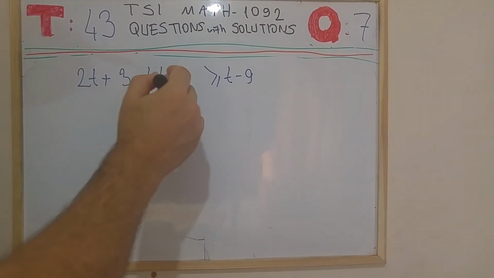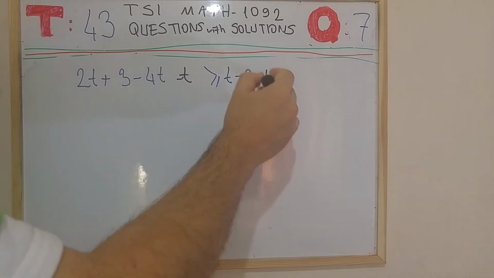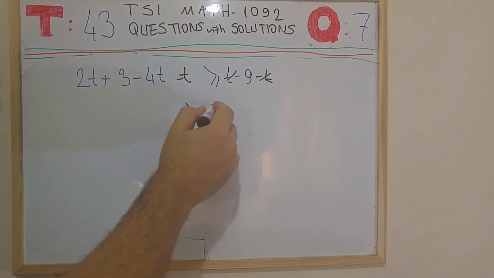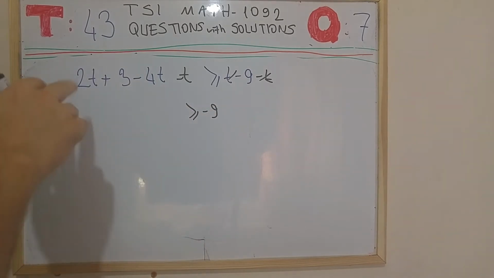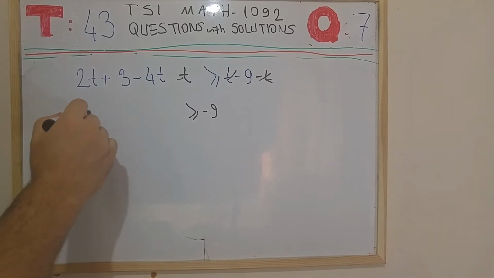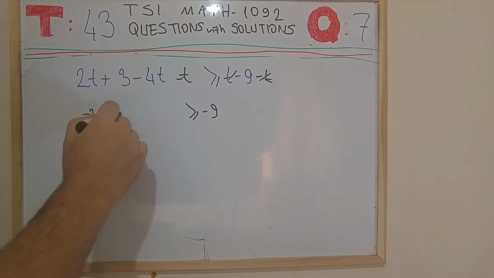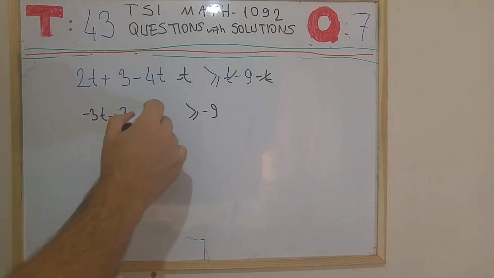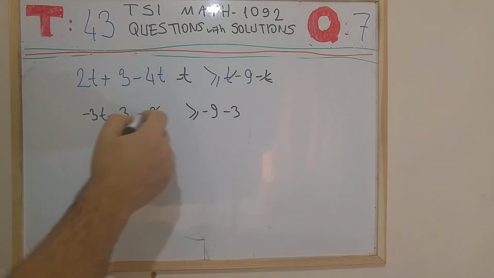Let's subtract t from each side. So I have something greater than minus 9. And I have 2t minus 4t minus t, which is equal to minus 3t here, plus 3 is greater than minus 9. Let's subtract 3 from each side, so t is left alone.